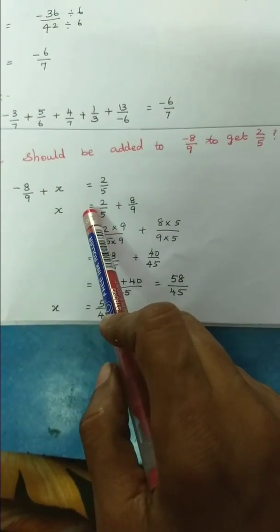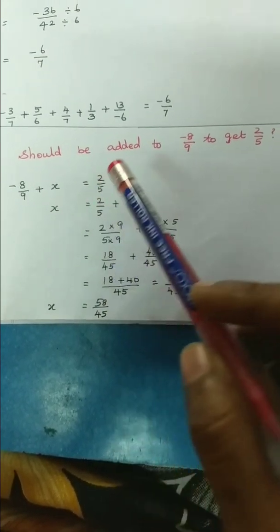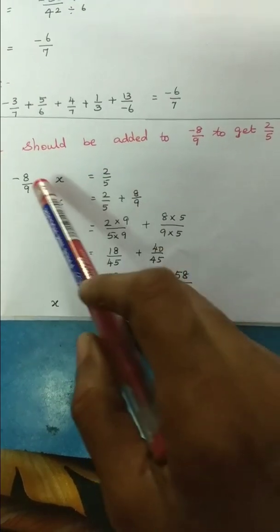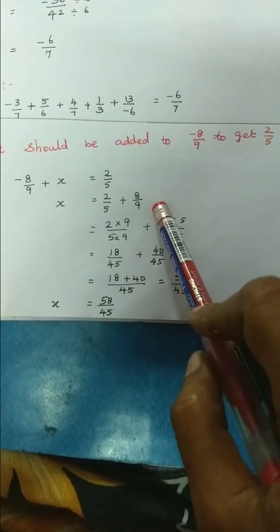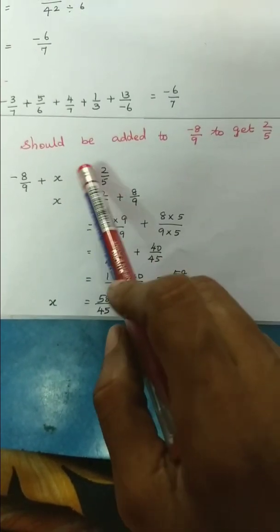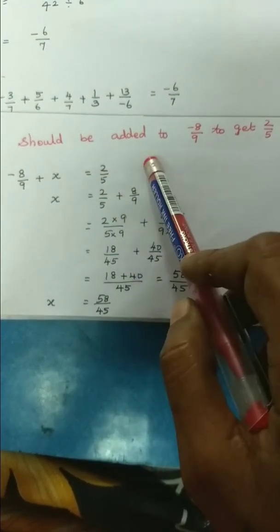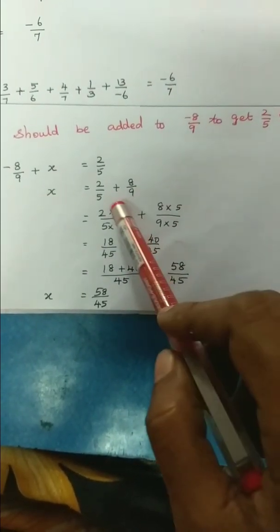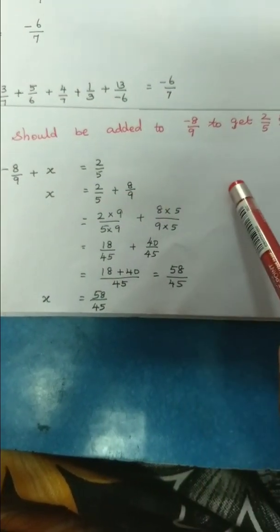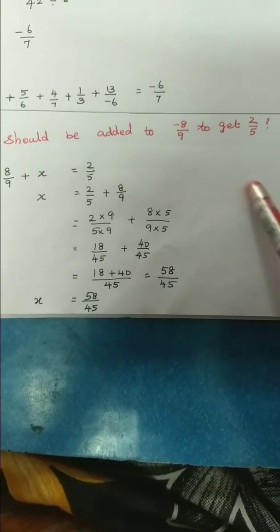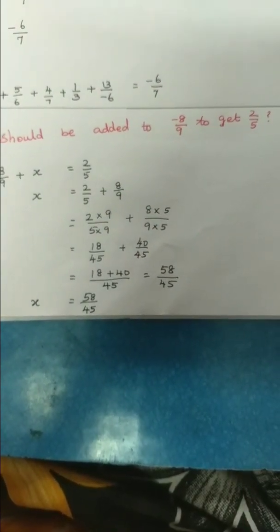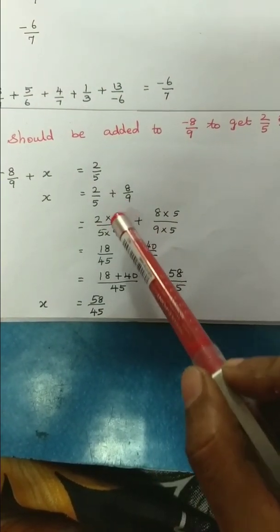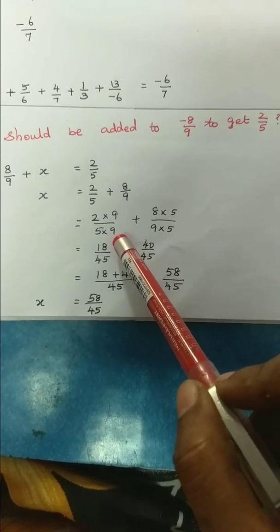Now x is equal to 2 by 5 plus 8 by 9. This minus becomes plus when it goes to this side. So 2 by 5 plus 8 by 9. Now we have to see the LCM for these two. The LCM of 9 and 5 is 45. So 5 9s are 45, so you are multiplying 9 on numerator and denominator.